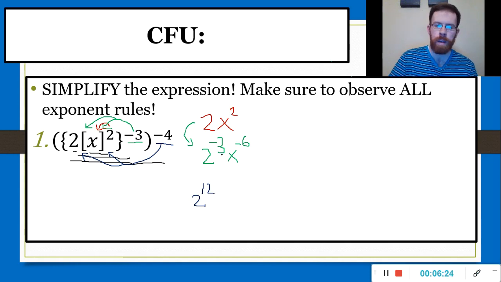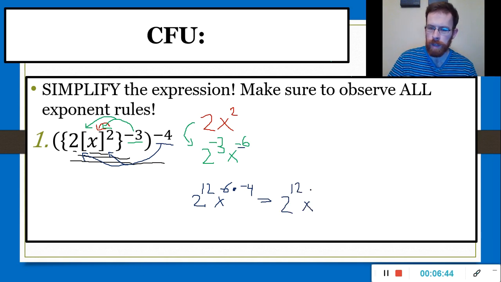And same thing, what's negative 6 times a negative 4? Negative times negative is positive. 6 times 4 is a 24. So this is 2 to the 12th power, x to the 24th power.